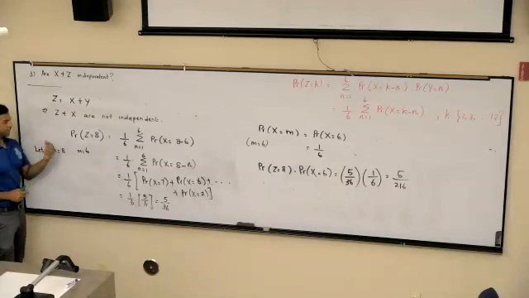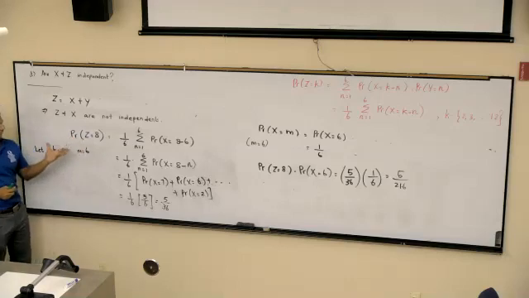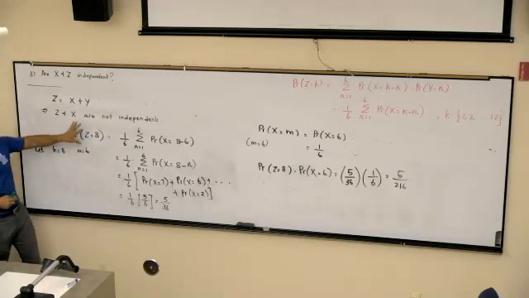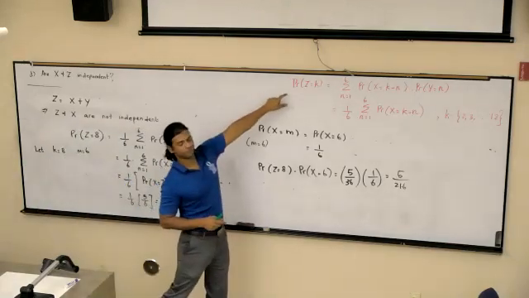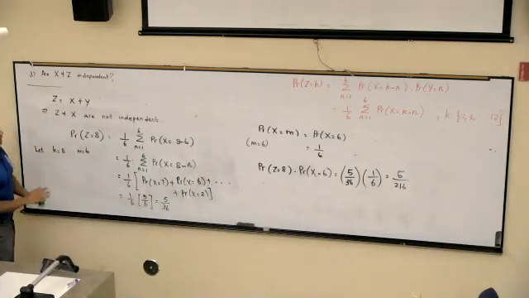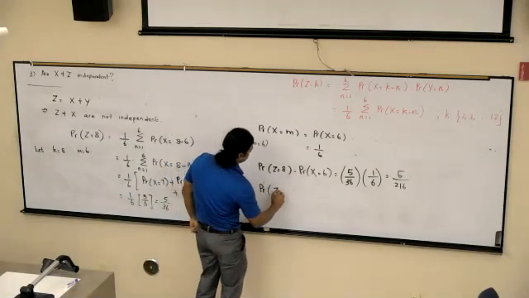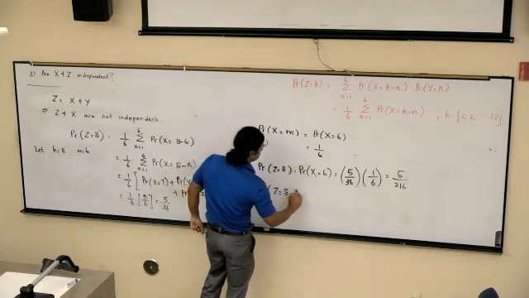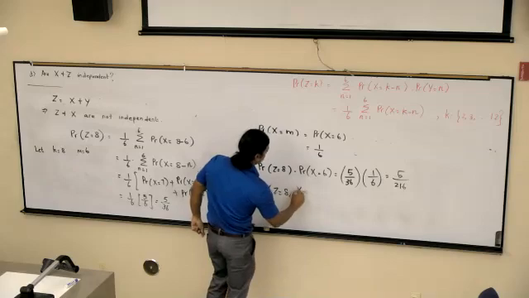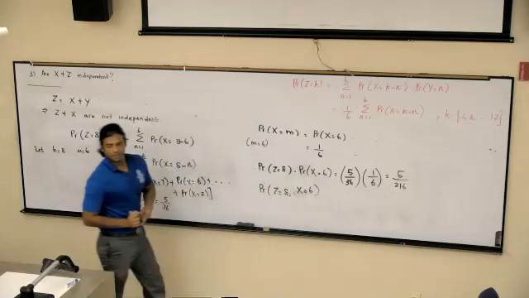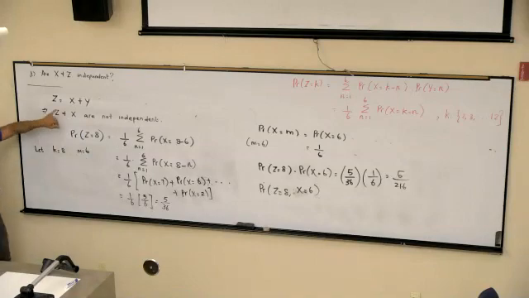In my excitement to write the right-hand side as x is equal to 8 and m is equal to 6, I messed up this. So whatever we found here is for probability z equals k. Now, what is the probability that z is equal to 8 and m or x is equal to 6? I have x to be 6, fixed value, and I would like to have z to be 8. Yes?